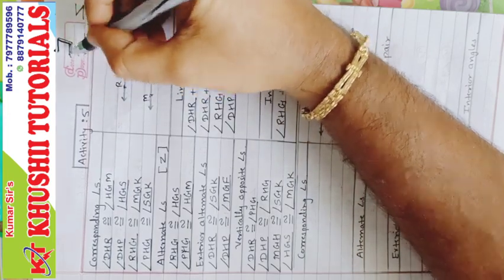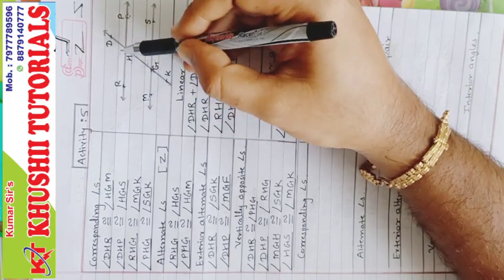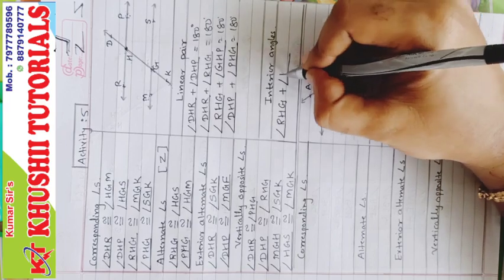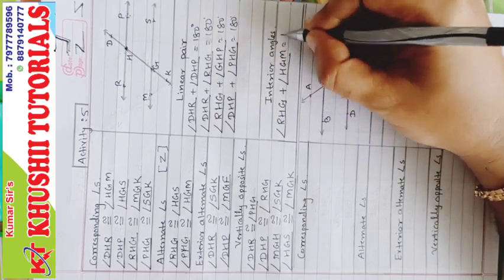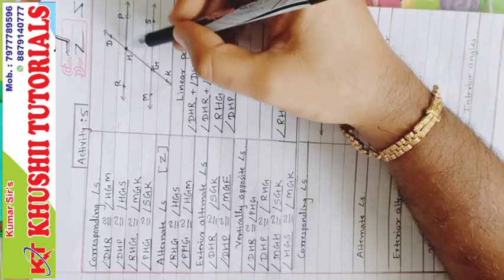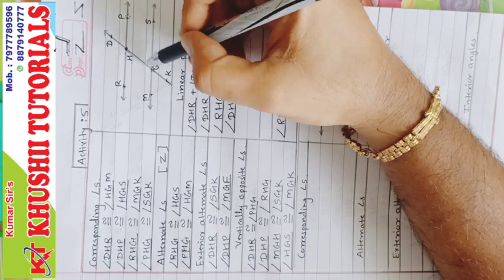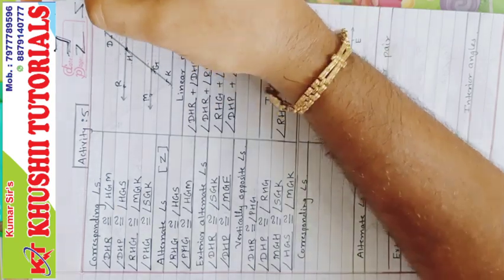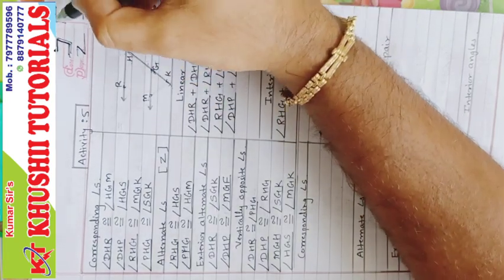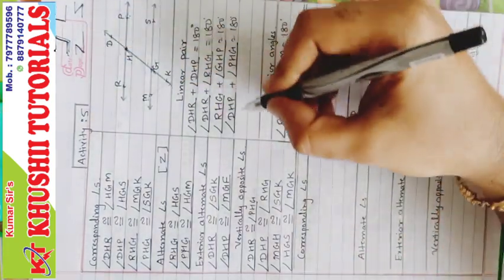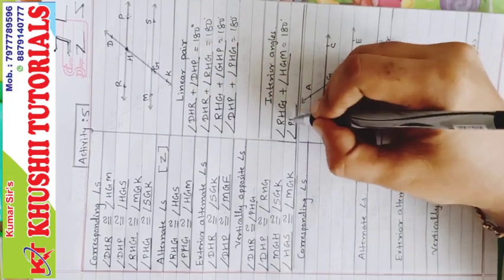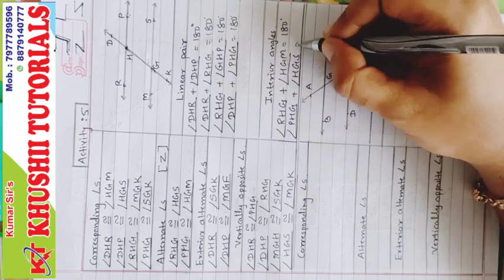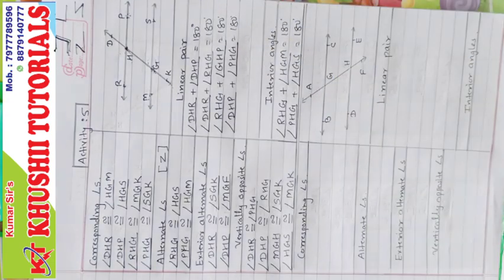So angle RHG and HGM are not congruent, they add up to 180 degrees. Similarly on the other side, PHG and HGS, first angle, second angle, so PHG and HGS equal 180 degrees.